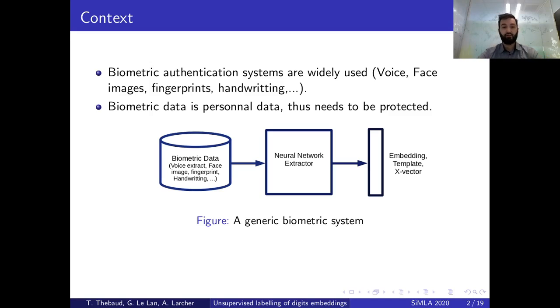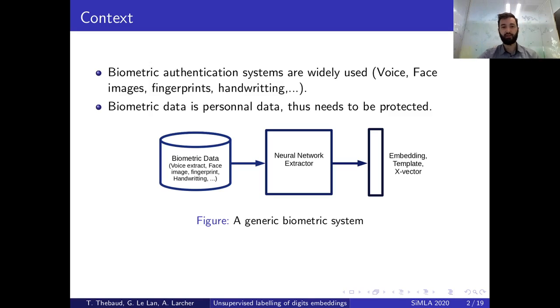In a general biometric system, biometric data is passed through a neural network extractor to compute highly dimensional representations that are supposed to contain the identity of the users and are often called embeddings, templates, or X vectors, depending on the kind of biometry.